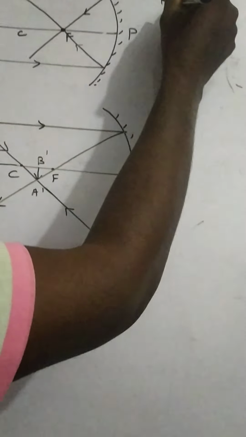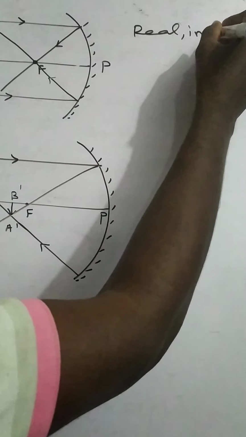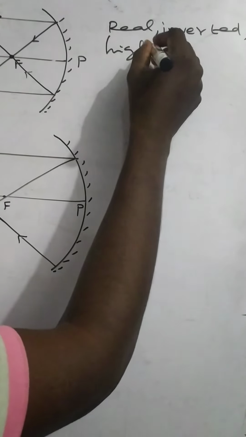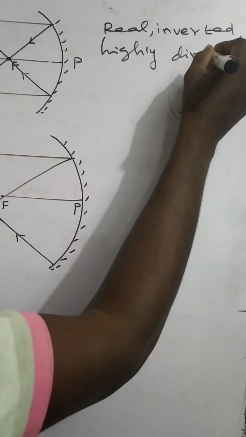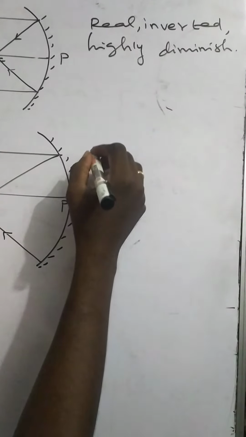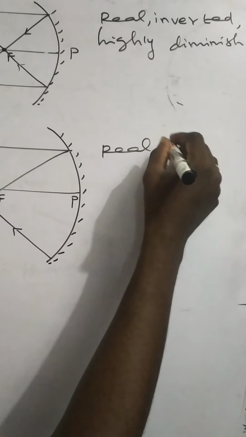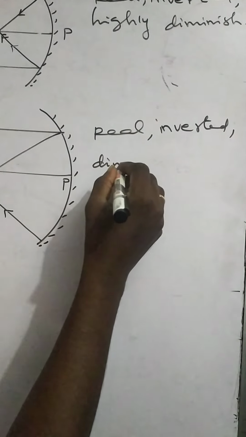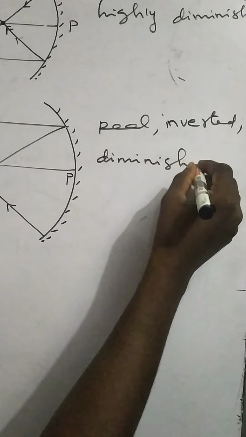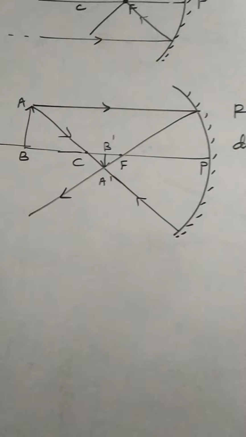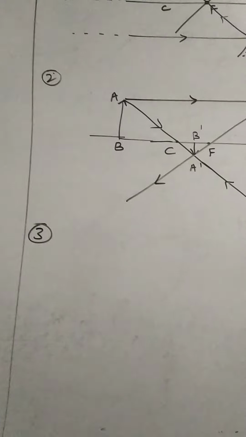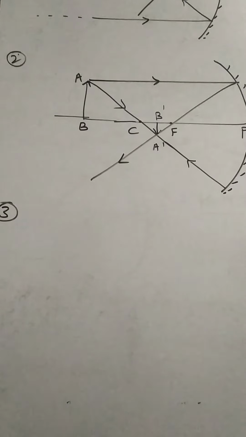First case: real, inverted and highly diminished image is obtained. Second: real, inverted and diminished image. Third: object is located at C, image also located at C.